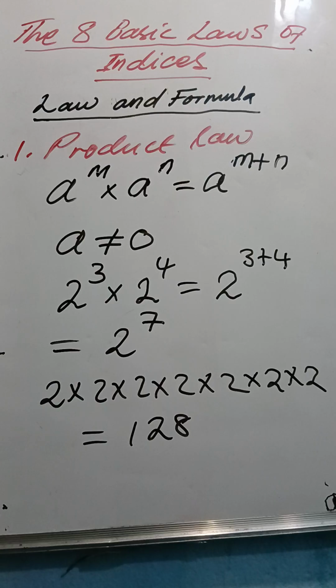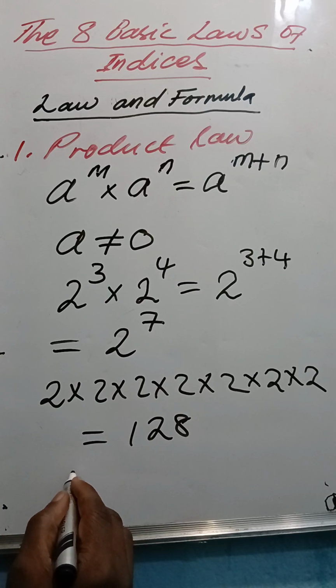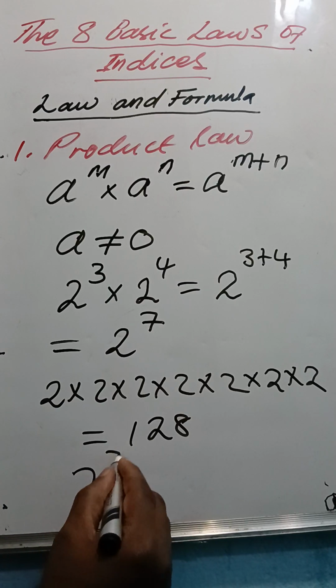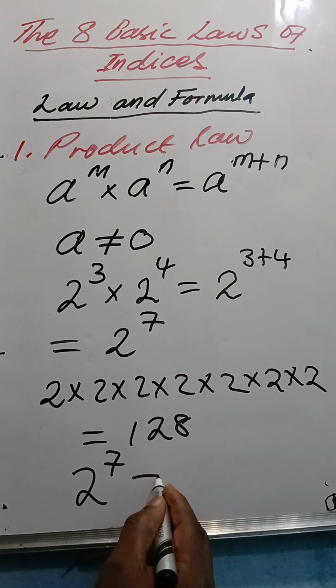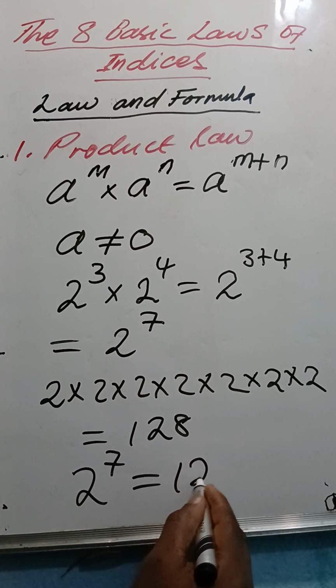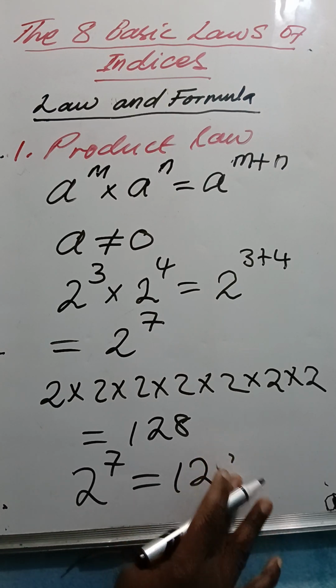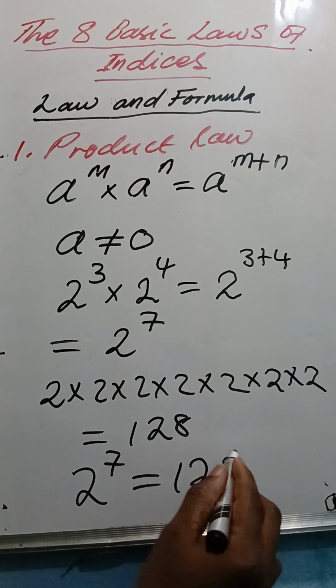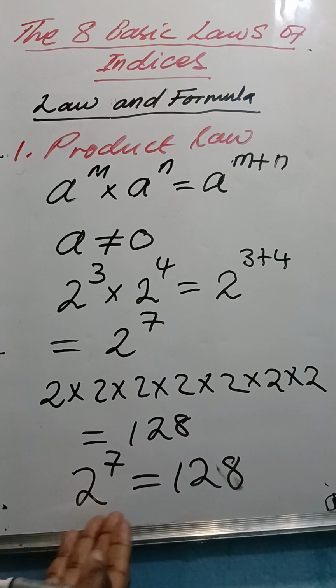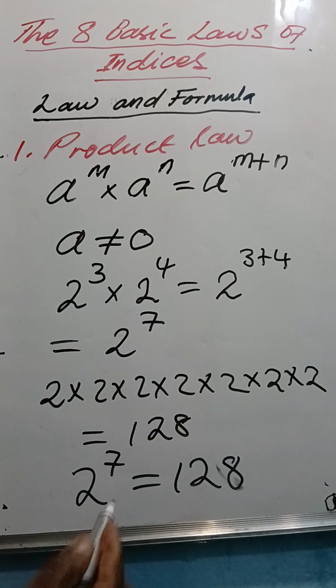So actually, 2 to the power 7 is equal to 128. So you can write this way or that way. But somehow, this format facilitates us to make certain calculations.